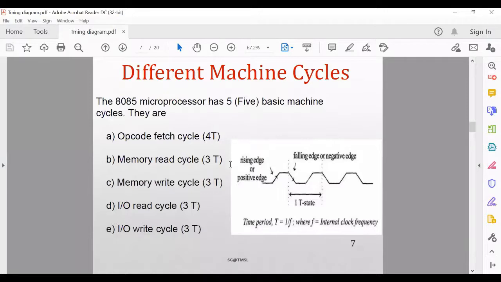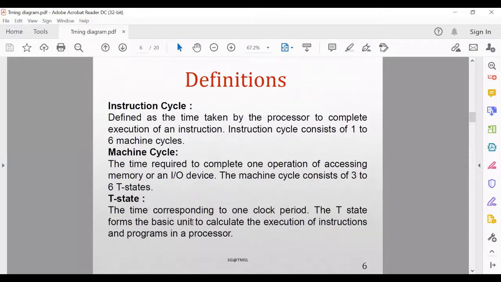Here the T state is one clock period. Combinations of several T states create one machine cycle, and combinations of several machine cycles create one instruction cycle. Okay, so these are interrelated.